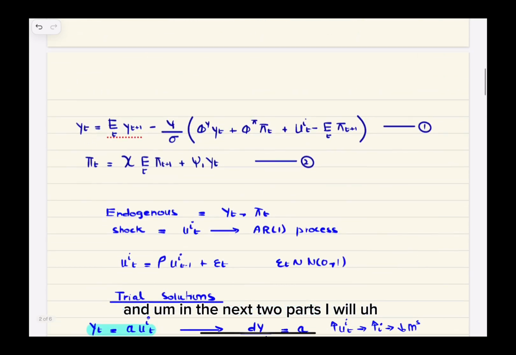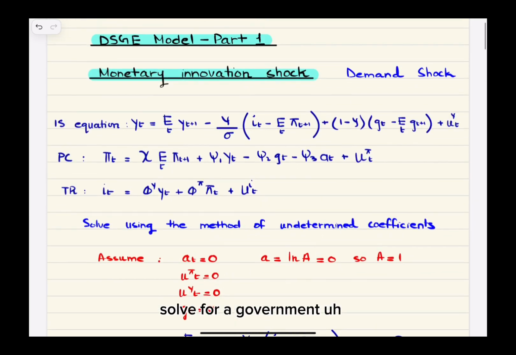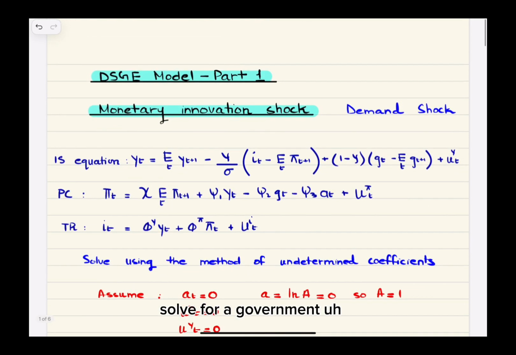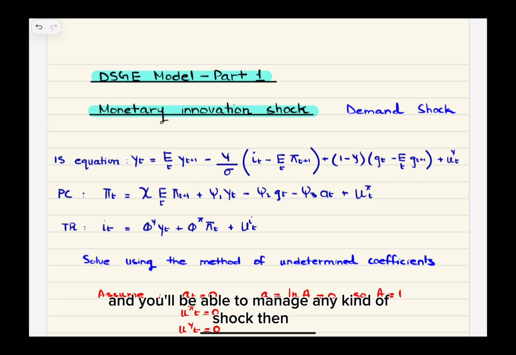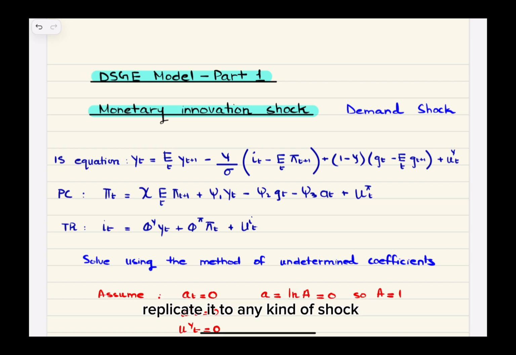And in the next two parts, I will solve for a shock to government spending, and then a shock to technology, and then you'll completely absorb the procedure, and you'll be able to manage any kind of shock then. So I'm just going to show three kinds of shock in these lectures, and you'll understand how to replicate it to any kind of shock which is given in a question.